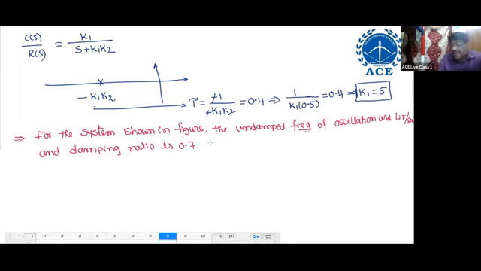The values of K and A are? Draw this diagram.